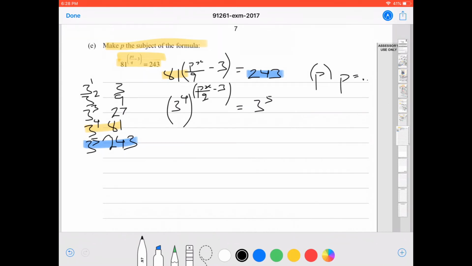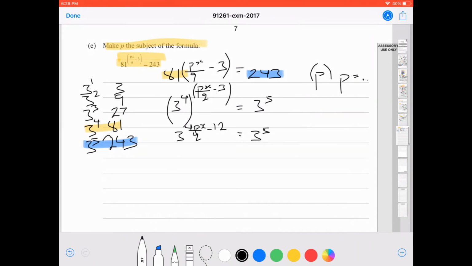And so we've got powers on powers here on our left-hand side, so let's just multiply through. You've got 3, and then it's going to be 4px over q minus 12, right? 4 times 3 is 12. This equals 3 to the power of 5.